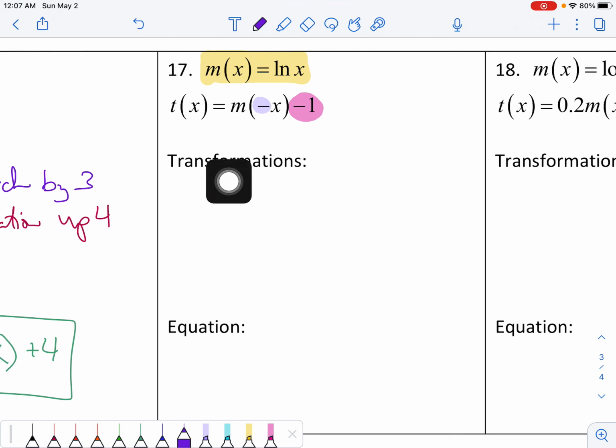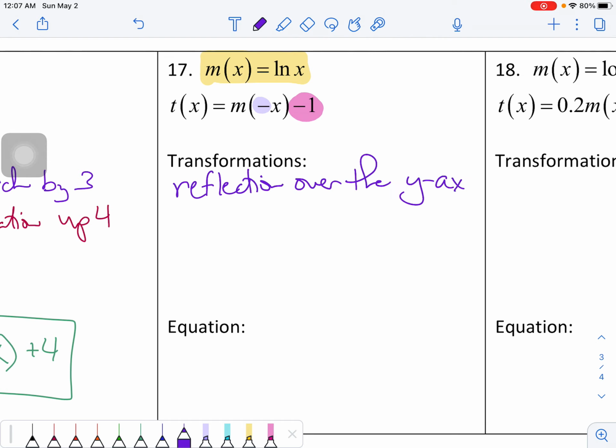So first things first, the negative that's sitting in front of x is going to be a reflection over the y-axis. All right, so that's going to be your horizontal reflection. And then subtracting 1 at the end of the function is going to be a vertical translation. That's straightforward, so it's down 1 unit.